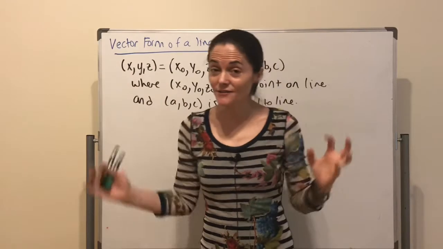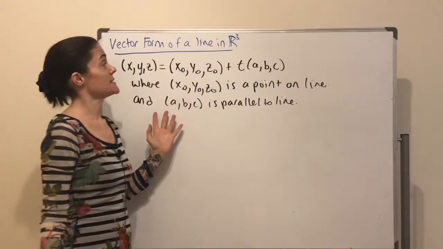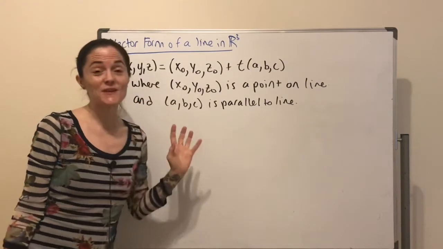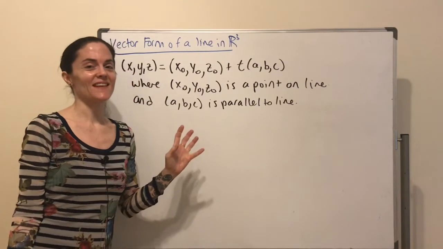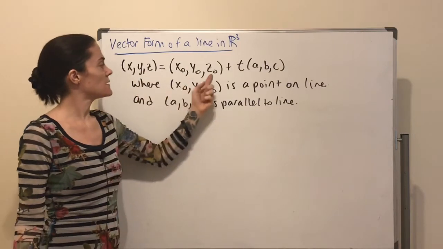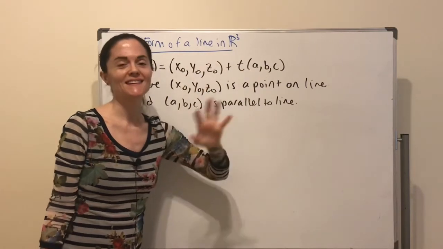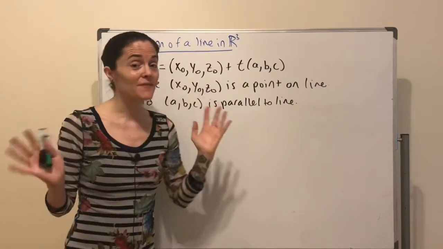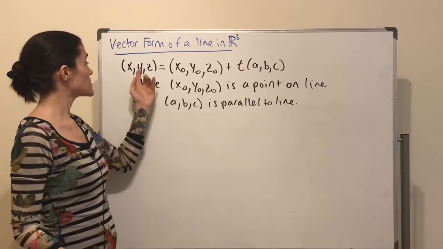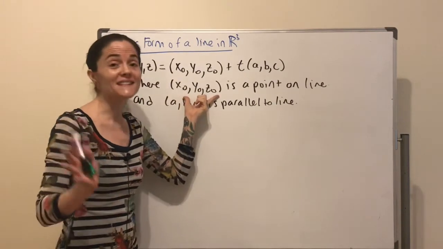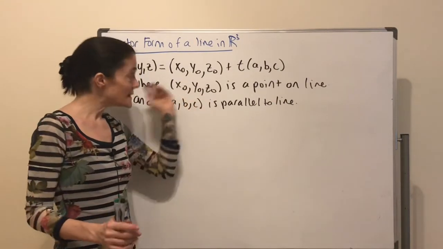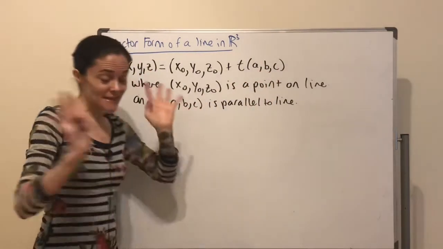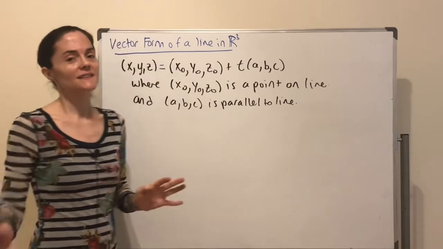Now, the general form, and I have written this in terms of R3, but all you have to do to get the statement for R2, which we just saw in that example, is just remove the third coordinate in this statement. But the vector form of a line in R3, we have x, y, z equals some point that's on the line, plus t times (a, b, c), where this is a vector that's parallel to the line.